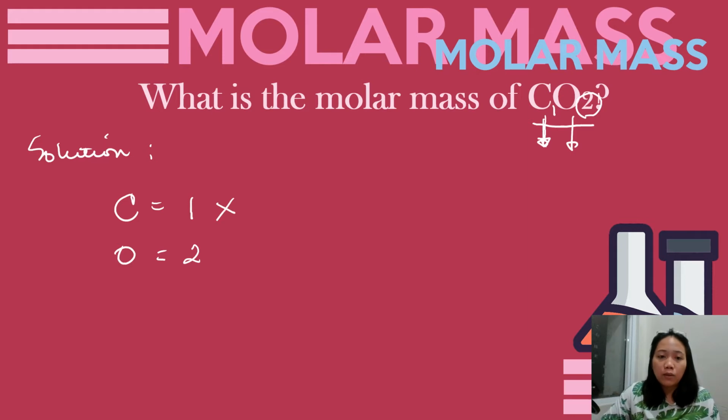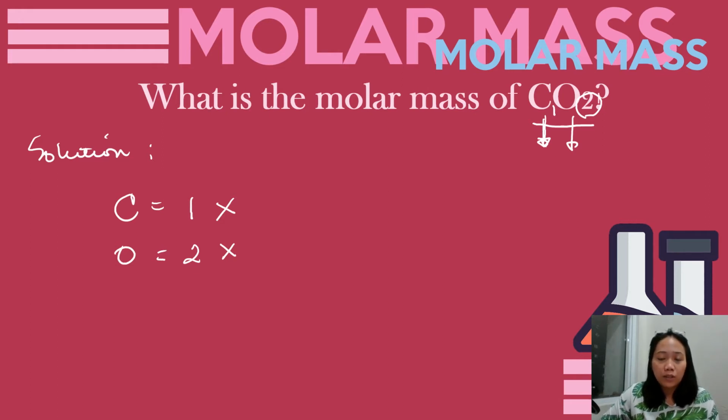So we are going to multiply them with their atomic masses. What is the atomic mass of carbon? All you have to do is to take a look at the value that you have in the periodic table. So please get your periodic table and identify the molar mass of carbon.